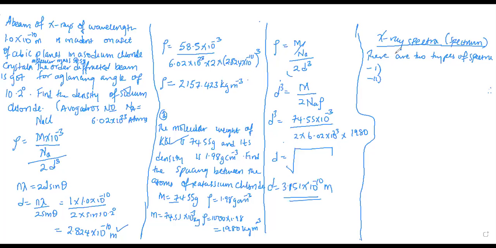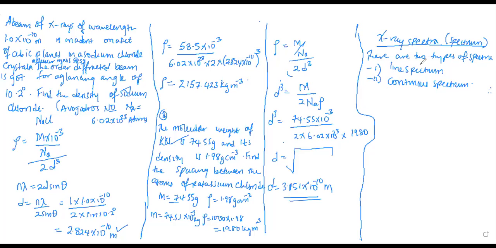Then we also have what we call the continuous spectrum. Now, when you look at these two spectra, they're quite different. One is called a line spectrum, this one is called a continuous spectrum.